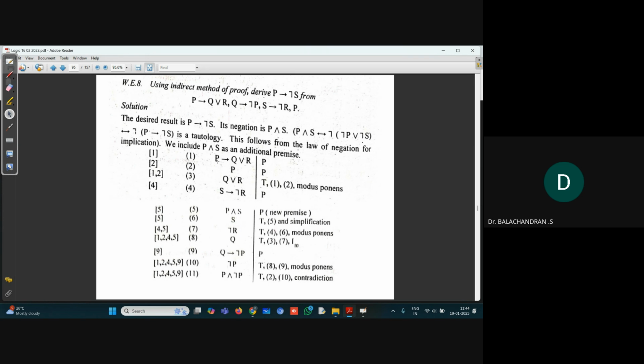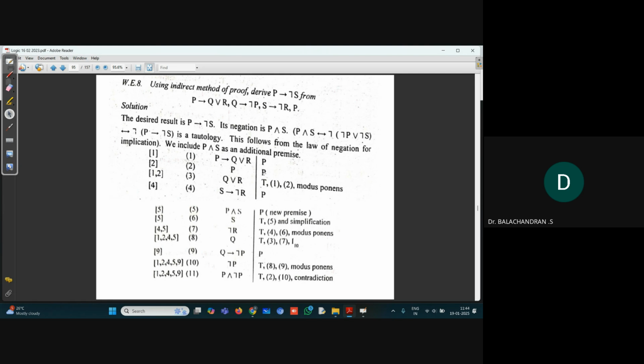Okay. So now rule P, first one, P → Q ∨ R. And then this is also a given premise, P. So here rule P. Don't confuse this P and this P. This P is from here in the given premises.